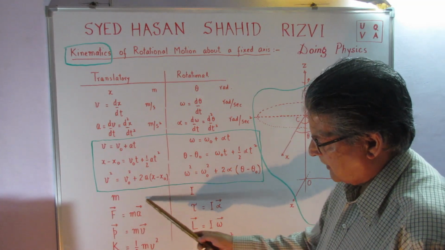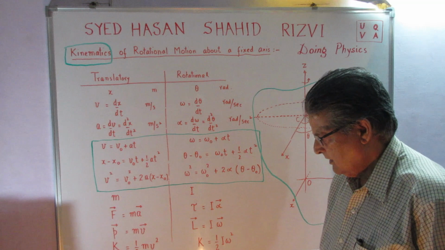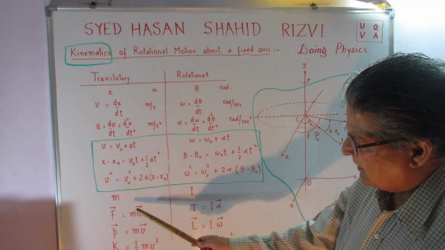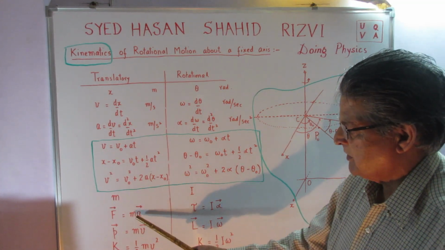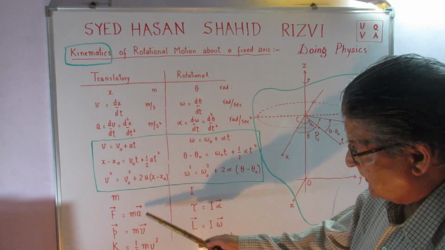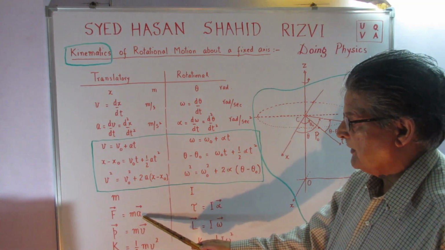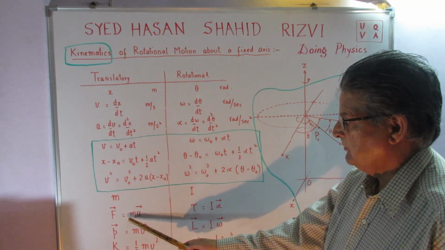Here I have written the vector form, showing thereby that the direction of F and a will be the same, because mass is a scalar quantity, and we obtain a vector quantity by multiplying another vector quantity with a scalar.